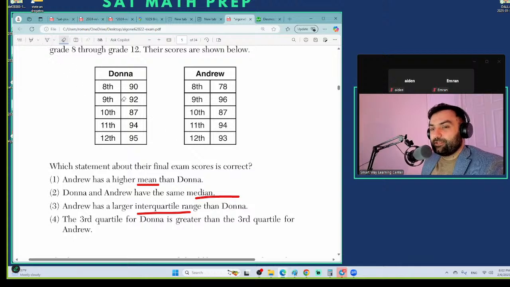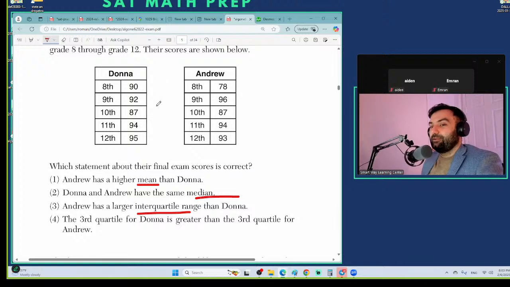Now, quartiles. In order to calculate the quartiles, which is going to be number 3, we have to put them in order. I guess let's do it. I think there's no other choice.